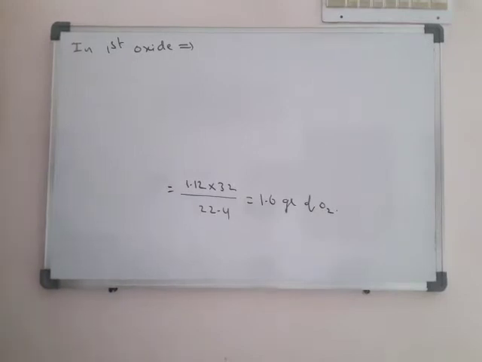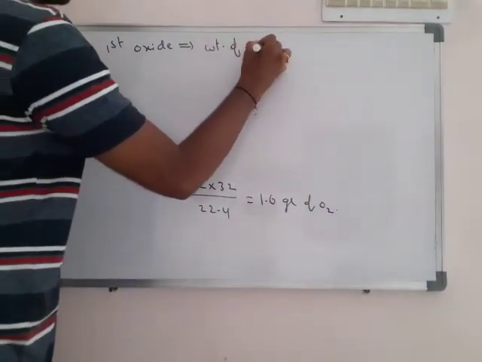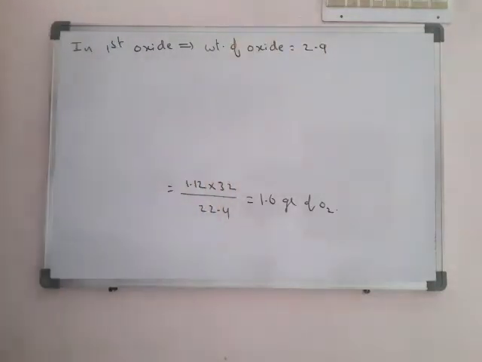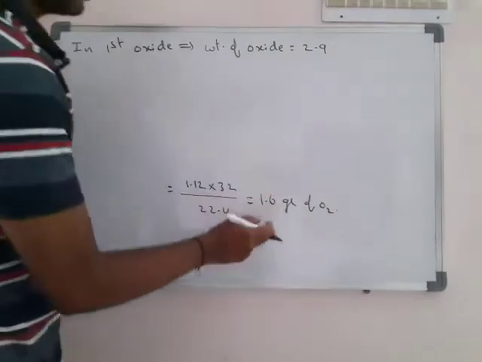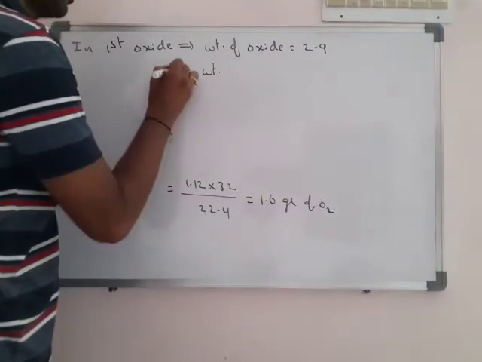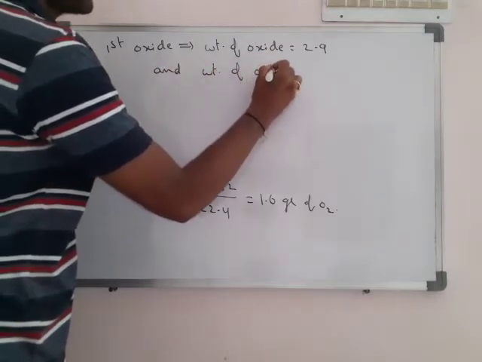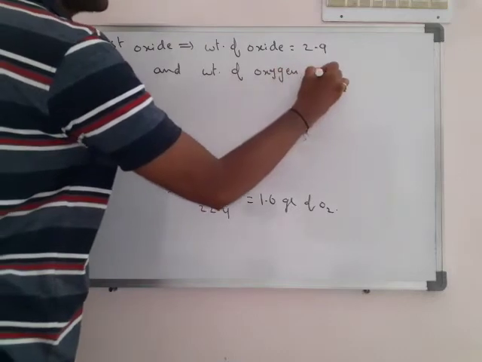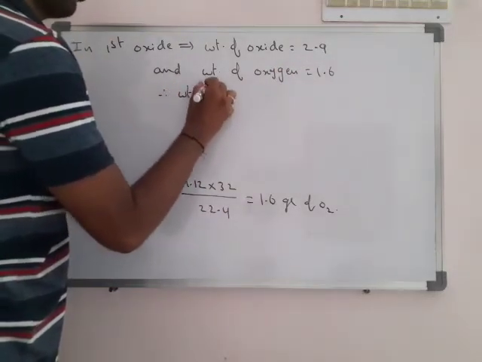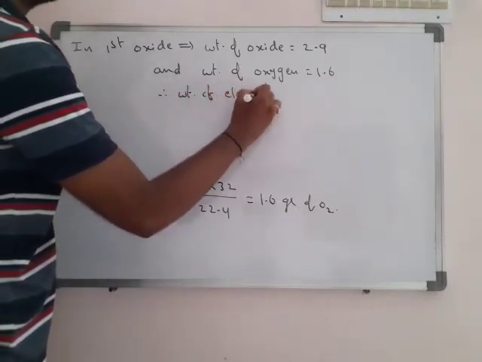We can use weight of oxide. The weight of oxide is given as 2.9 grams. Here the weight of oxygen is fixed, right? And we know that the weight of oxide is this, and the weight of oxygen is 1.6.